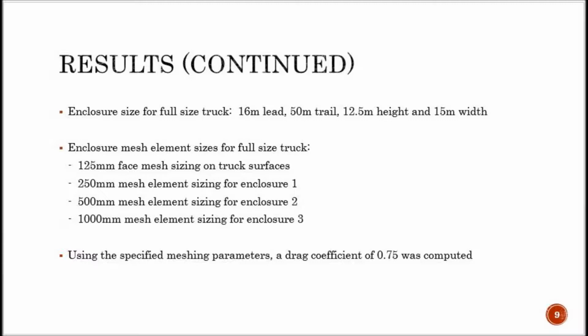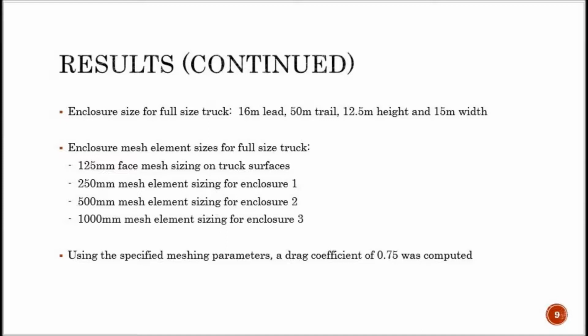For the mesh to be considered independent, the enclosure element sizes had to be 250, 500, and 1000 millimeters for enclosures 1 to 3, with a 125 millimeter face meshing on the truck. Using these enclosure and mesh parameters, a drag coefficient of 0.75 was found, which is the same as the SCAR model simulation. This was to be expected, as the SCAR models satisfied all the conditions required to generate comparable results to the full-size simulations.